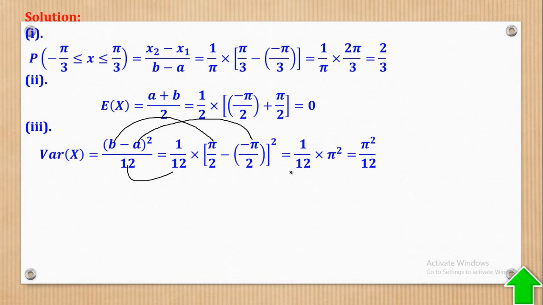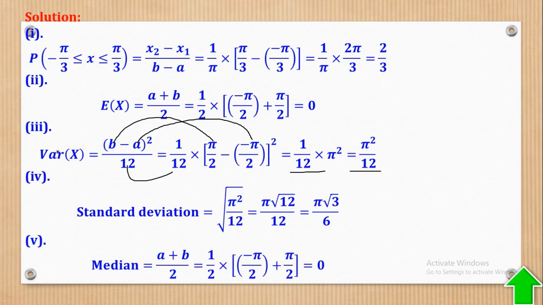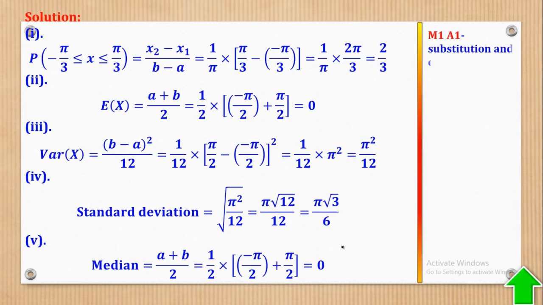In the end we'll come up with this, which gives you pi squared over 12. Then for part (iv), the standard deviation is the square root of the variance, so we'll come up with that. And last, part (v), the median, which is the same as the mean, and it will be equal to 0. So basically that's what they wanted. Now let's see how marks can be awarded.